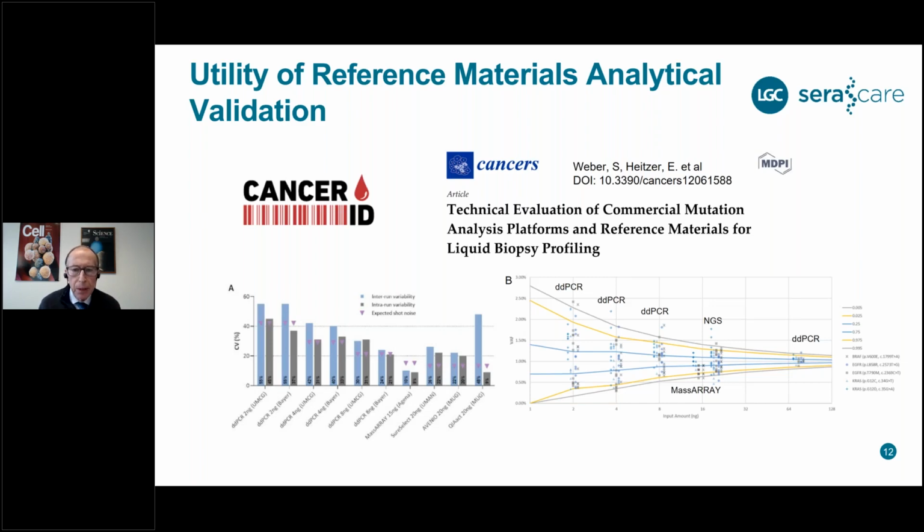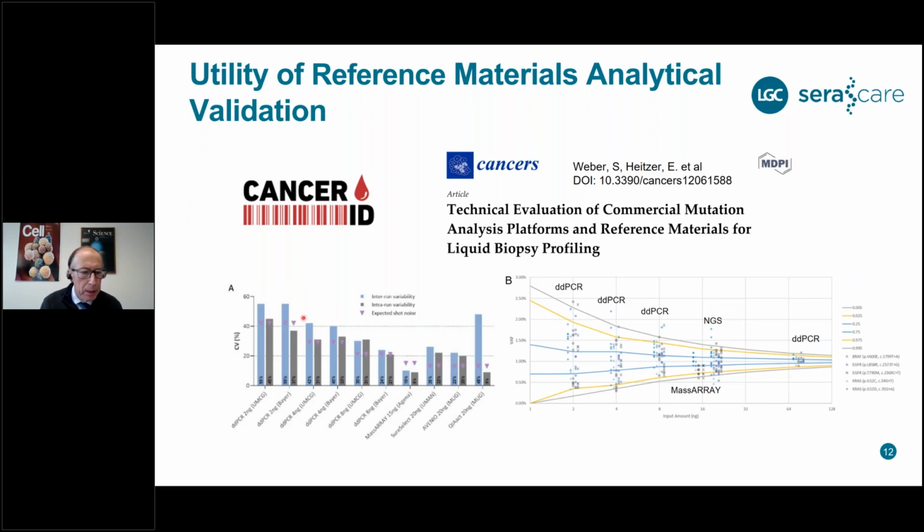This is a publication from our collaborators at CancerID, Ellen Heitzer. This was published last year in MDPI. And shown here on the left is results from an interlab study. This is a 1% variant allelic fraction multiplex mix of clinically relevant variants with SNVs, insertions, deletions.